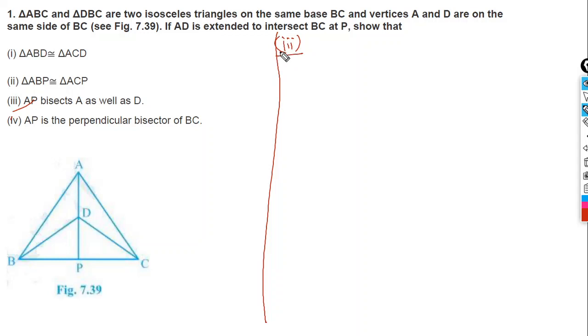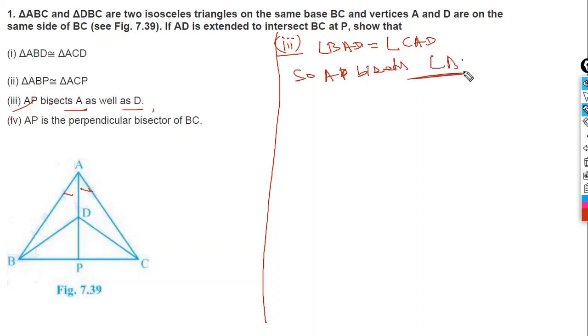Now we'll move to the part III. In part III, we have to prove AP bisects angle A and angle D. First we will write these two angles are equal. Angle BAD, look at the figure, angle BAD equals angle CAD. So AP bisects angle A. First part is proved.